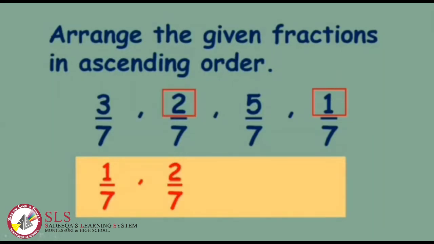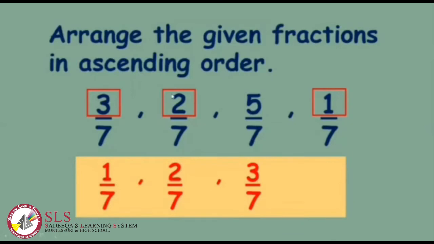And after 1, now find out the smallest number among these 3. So 3, 2, 5, 2 is the smallest number among these 3. So write 2 by 7.